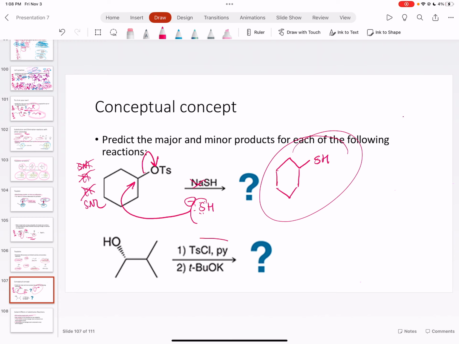So we're first going to make a tosylate. Remember, when we're creating a tosylate, we're not doing any reverse configuration, nothing. We're just going to replace our leaving group with a tosylate. So our product for our first step is just going to be this. We still remain on a dash.